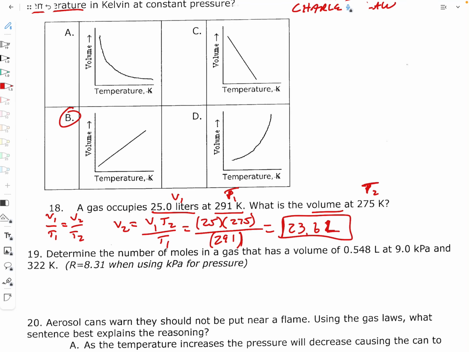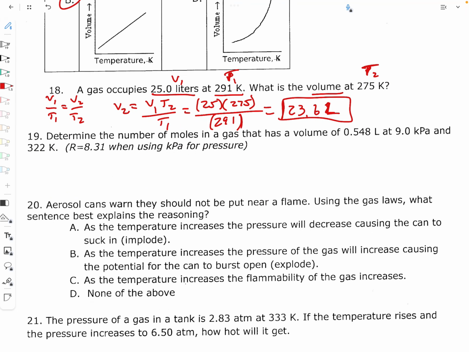Okay? All right. 19. Well, I see they're asking for moles. Determine the number of moles in a gas that has a volume of 0.548 liters at 9 kilopascals and 322 K. Since kilopascals is the pressure, we're going to use this for our ideal gas constant. Okay?